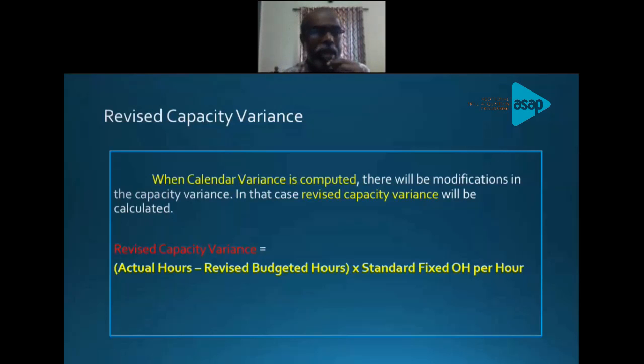Revised capacity variance is actual hours minus revised budgeted hours, into standard fixed overhead per hour. The equations are the same. The only difference is that in the case of revised capacity variance, we apply revised budgeted hours.